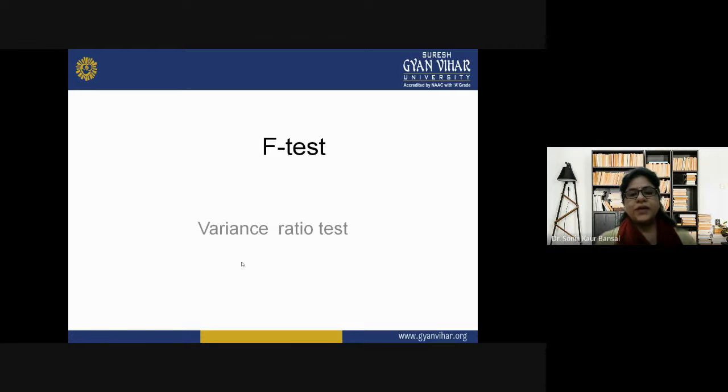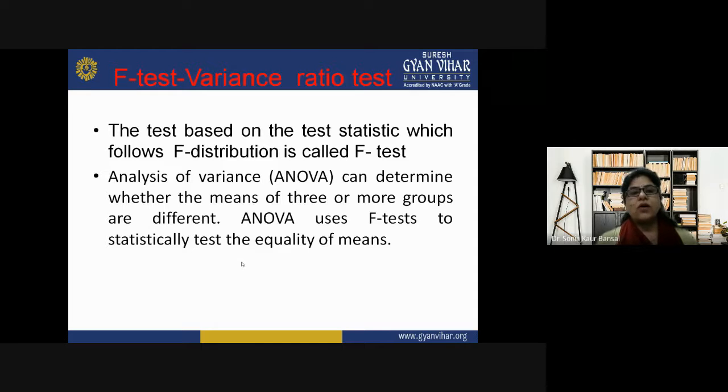F-test is also called the variance ratio test. All right, students, variance ratio test. So the F-test, or variance ratio test, is the test based on the test statistic which follows the F distribution. It is called the F-test. Analysis of variance, ANOVA, can determine whether the means of three or more groups are different.